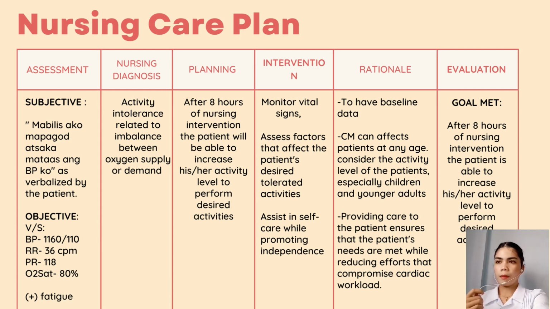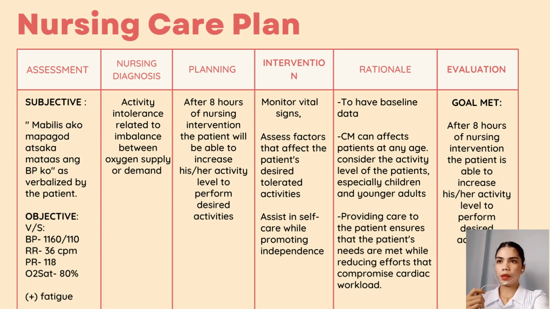The blood pressure is 160 over 110 and the respiratory rate is 36. Pulse rate is 118, which is high above the normal range. And then the oxygen saturation is 80%, which is lower than the normal range. And then the patient is fatigued.